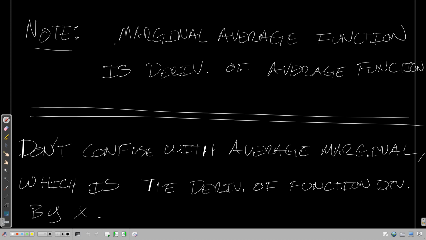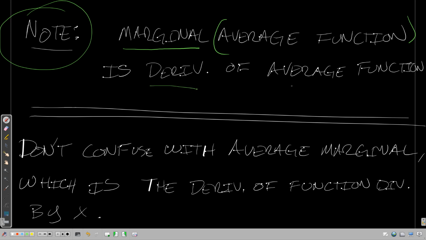However, I want you to remember, please note, the marginal average of whatever function, marginal average cost or whatever, you have to think about it. Marginal means derivative, average means divide by x. What do they want the marginal of? They want the marginal of the average function. So that means we should take a derivative of the average function.